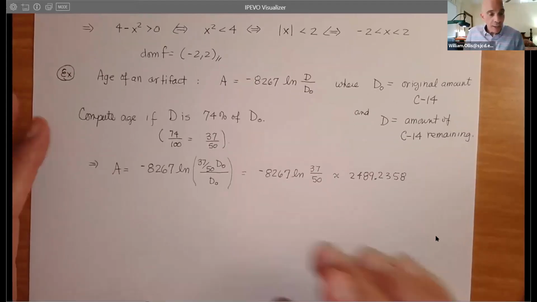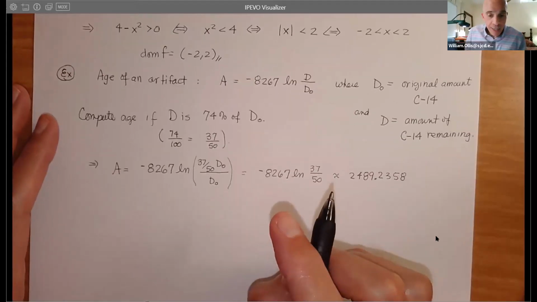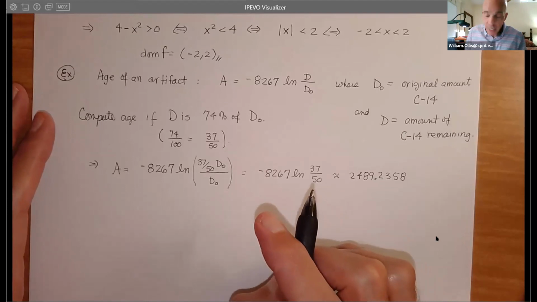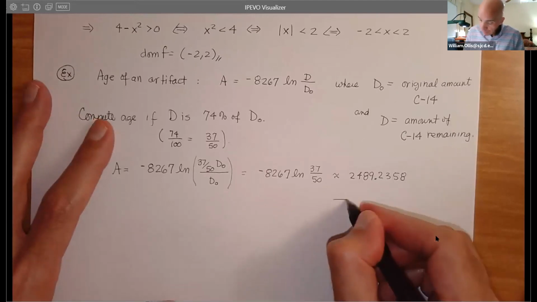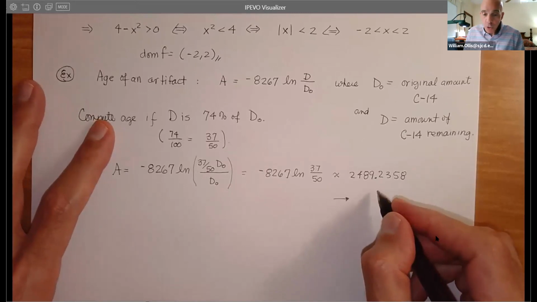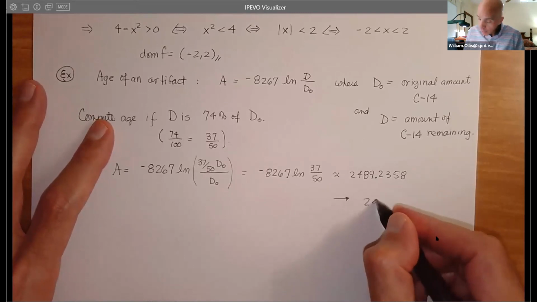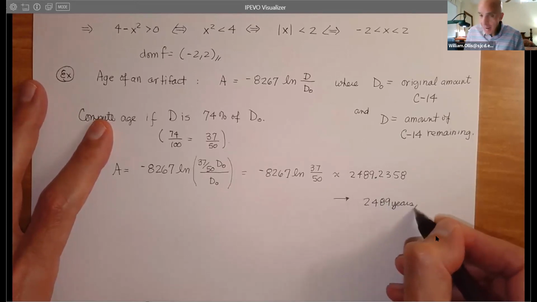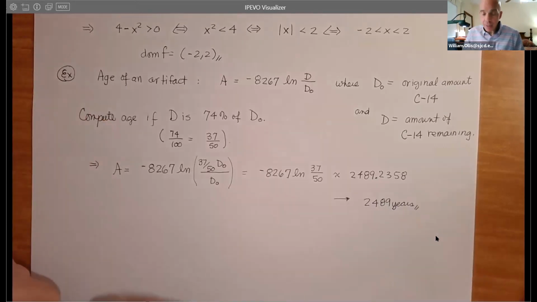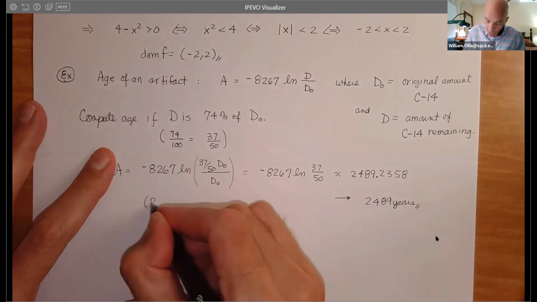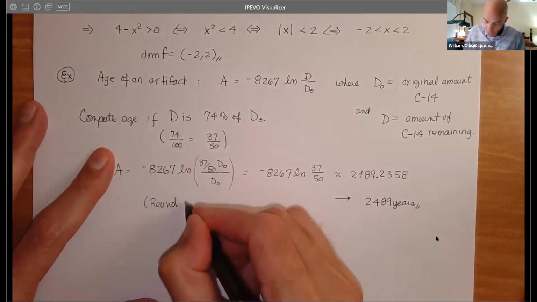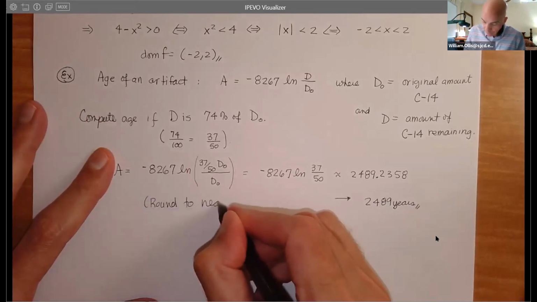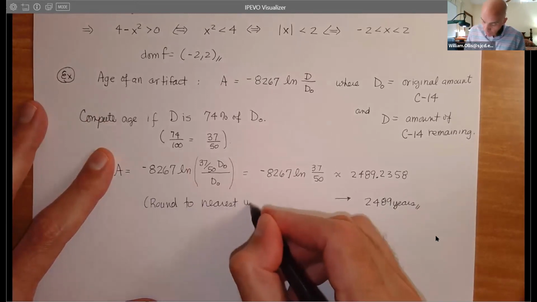And now when we go back to our calculations here, in this particular case, it says round to the nearest whole number. So this will give us 2,489 years. That would be the formatting given by WebAssign. So round to the nearest whole number.